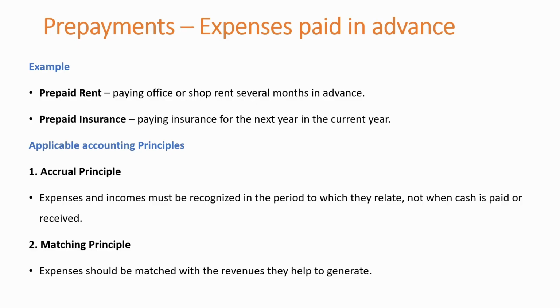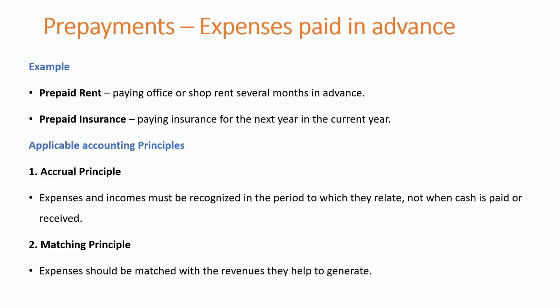So these two are somehow related, the accrual principle and the matching principle. If you are taking income for the year 2025, you should only deduct expenses for the year 2025. If the income is for the year 2025, you cannot deduct expenses for the year 2024 or for the year 2026.